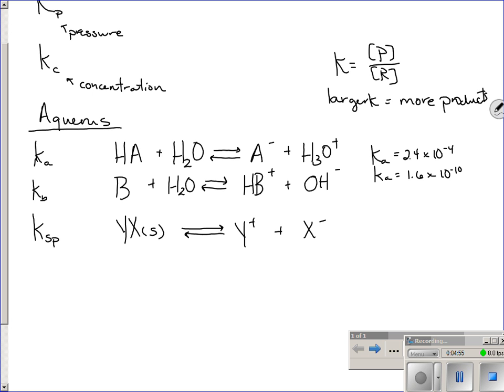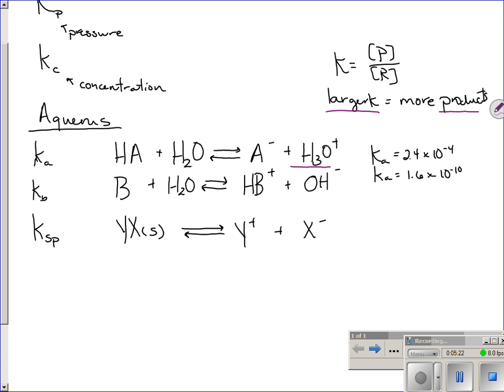The one with the larger equilibrium constant means there's going to be more products, meaning there's going to be more hydronium. And the more hydronium we get, the better the acid is. I don't want to say it's strong, because it's not, but it does produce more hydronium, which means it's a better acid. So you can use Ka values to compare acids to each other.